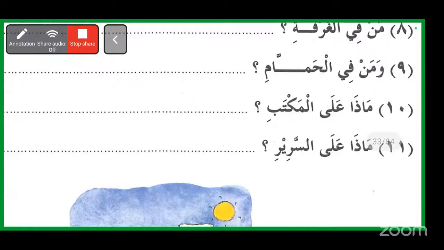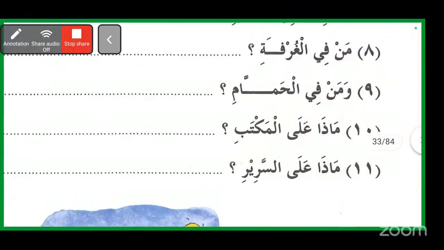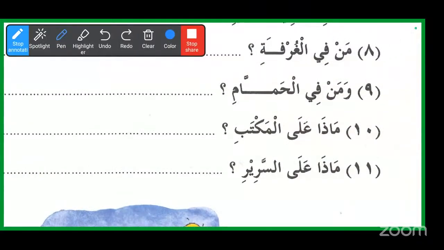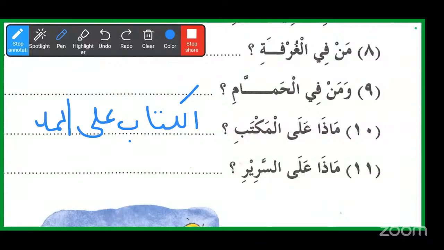ماذا على المكتب؟ What is ماذا? الكتاب على المكتب. أحسنت. When the Arabs speak, they say الكتاب على المكتب.